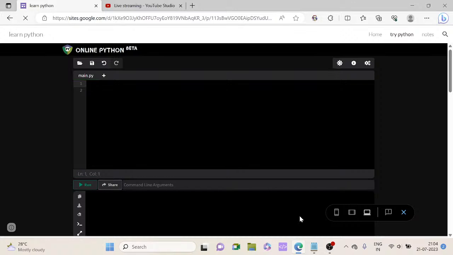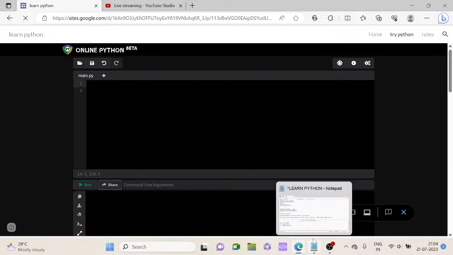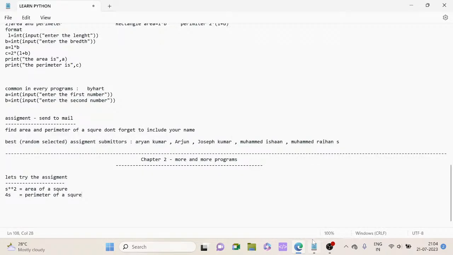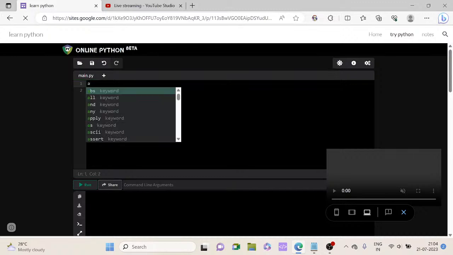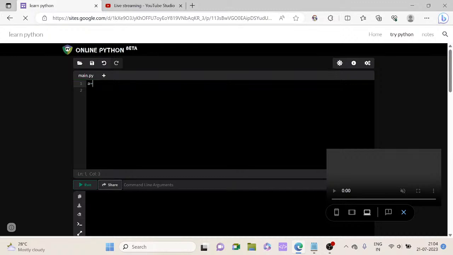Now the next step: for the area and perimeter of a square, first line, let's type area. We can include a variable called A. The variable name doesn't matter, but in some exams variables matter, so that will be more suitable.